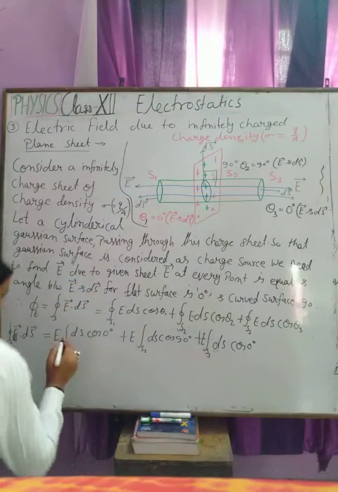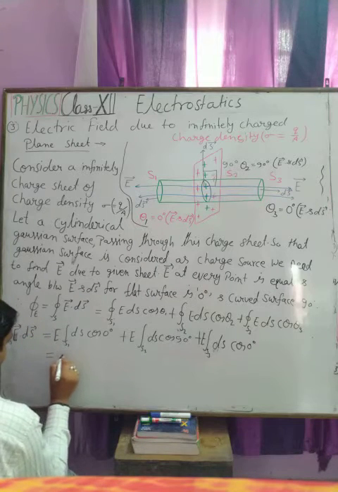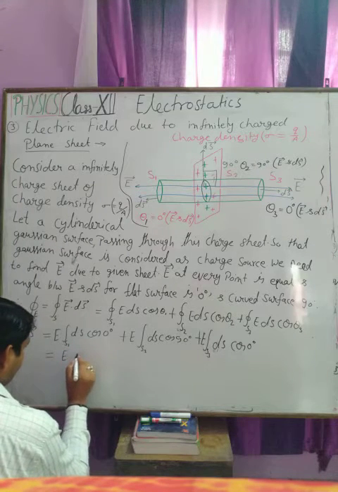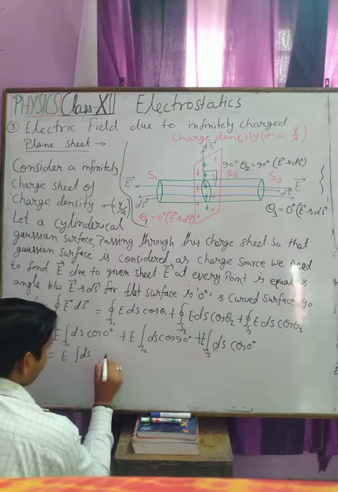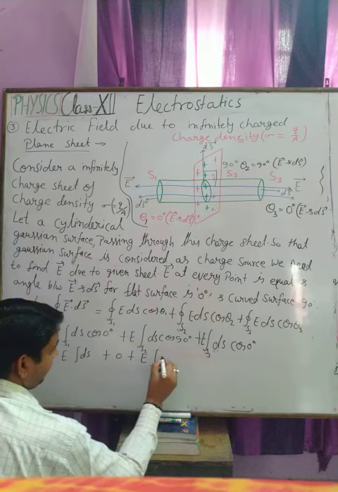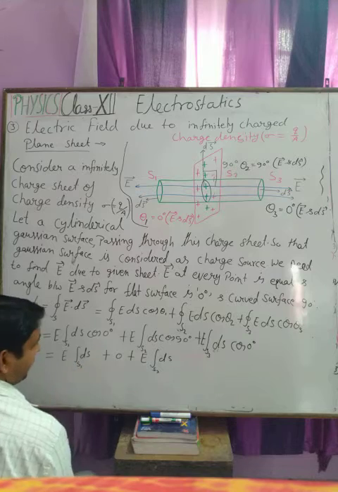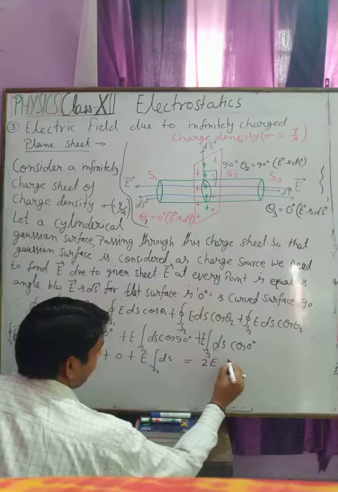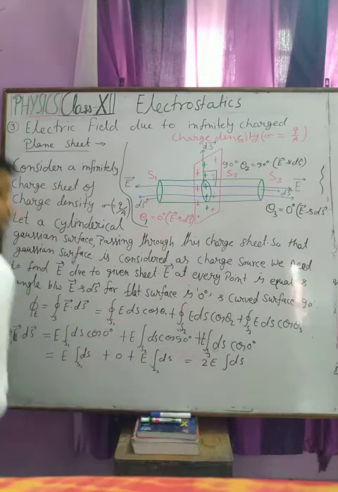Now we get E ds plus 0 plus E ds for S3 and S1. Therefore we add these two values, 2E ds.